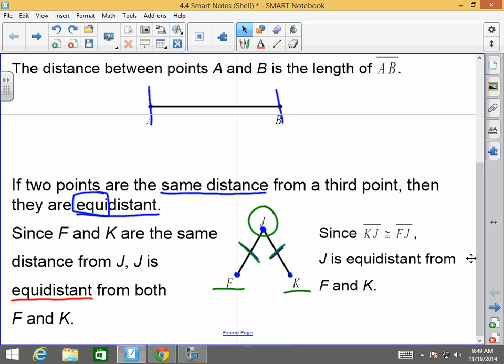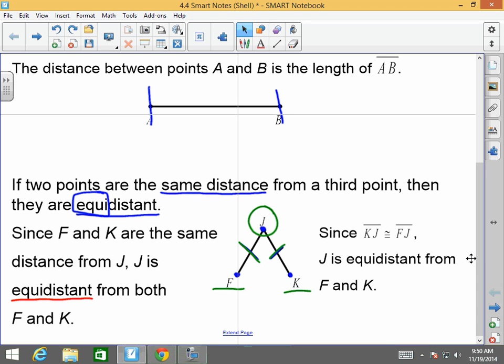Now, this is going to help alleviate a lot of heartache when it comes to perpendicular bisectors. It's going to make life a lot easier. Yes, sir? Yes, that's what we just finished saying.